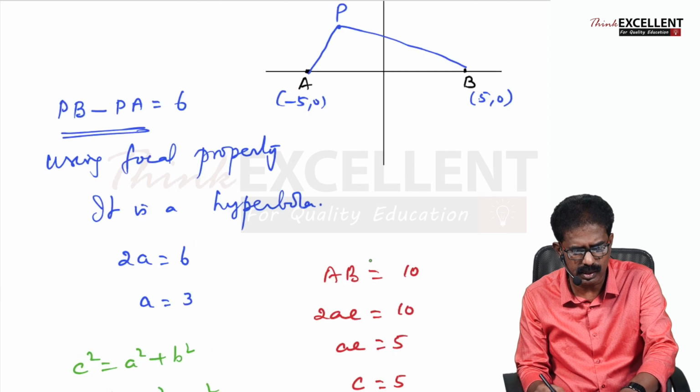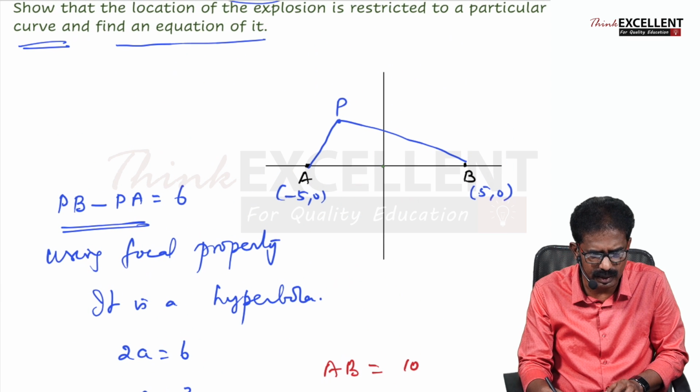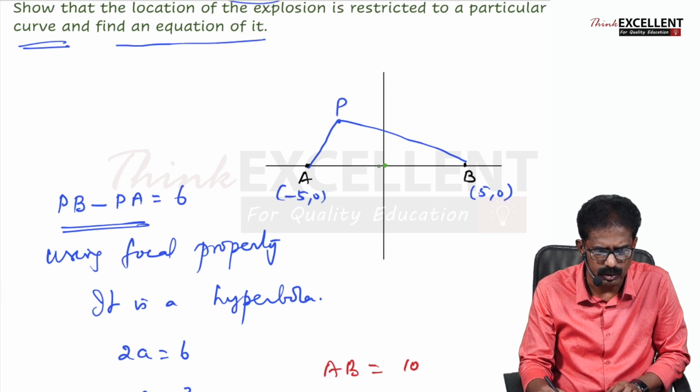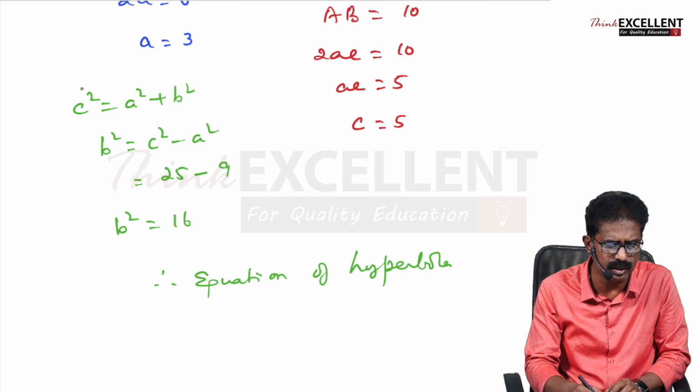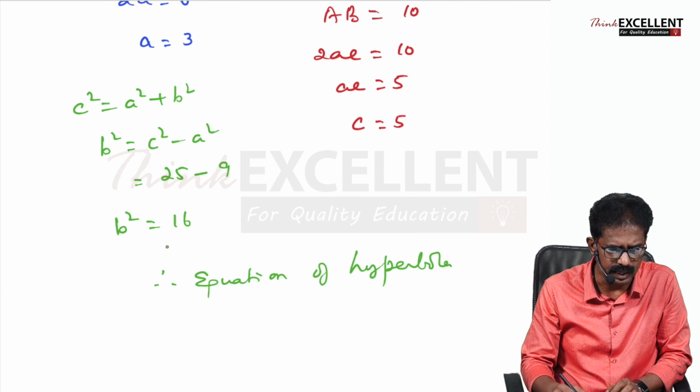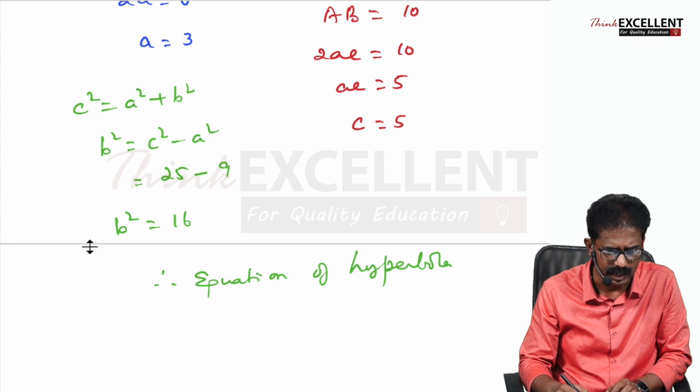The foci lie on the x-axis only. So the center is 0, 0. So it's the first type. If you want, you can mention that also: center is 0, 0 and transverse axis is along the x-axis.